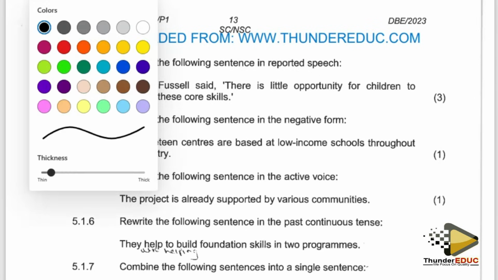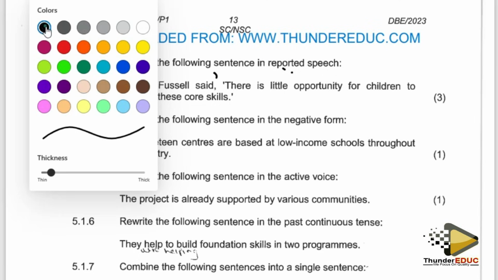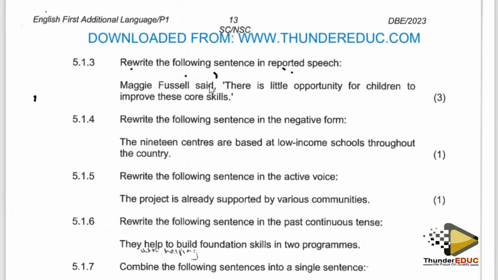Maggie Fazal said that there was legal opportunity for children to improve those core skills. We are reporting and saying Maggie Fazal said that.